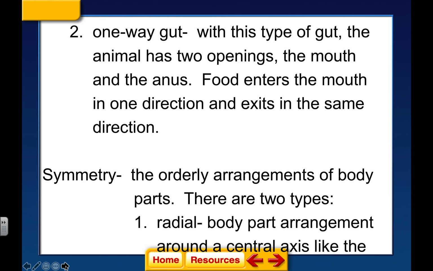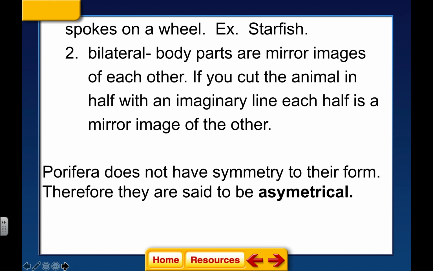Now with symmetry, and we've talked about this a little bit too, but it bears repeating, symmetry by definition is just an orderly arrangement of body parts. And there's two types. If you have radial symmetry, the body parts are arranged out from a central axis like spokes on a wheel. So think of your starfish.